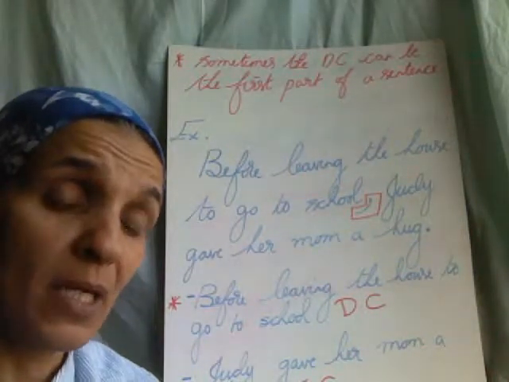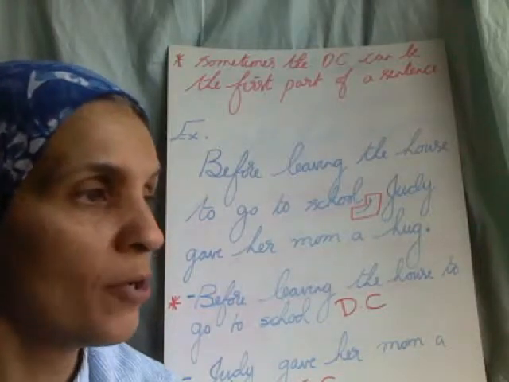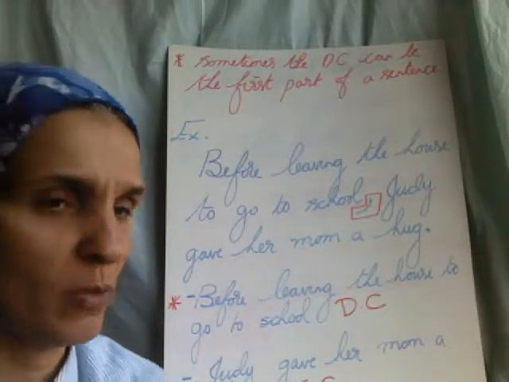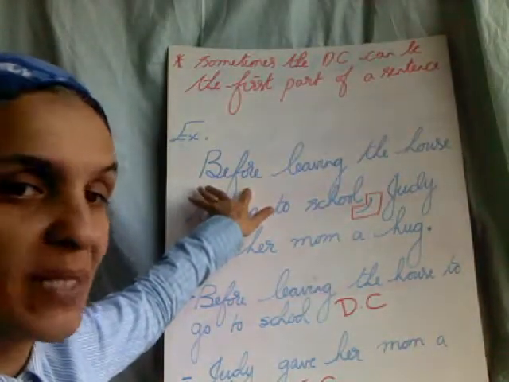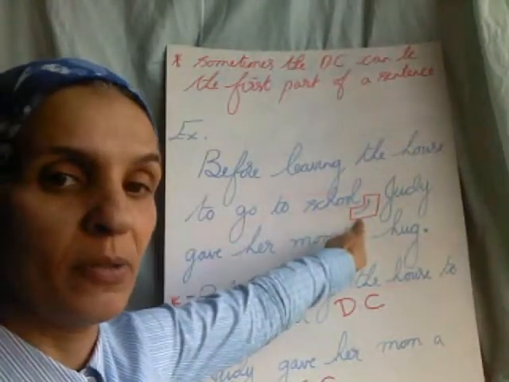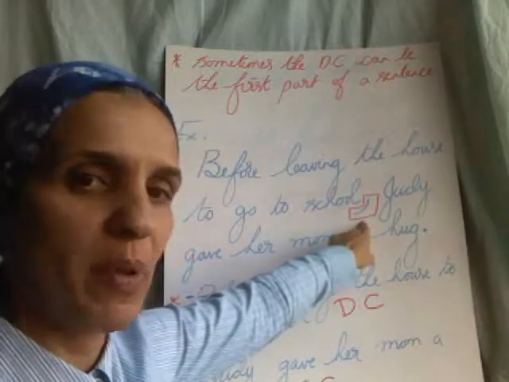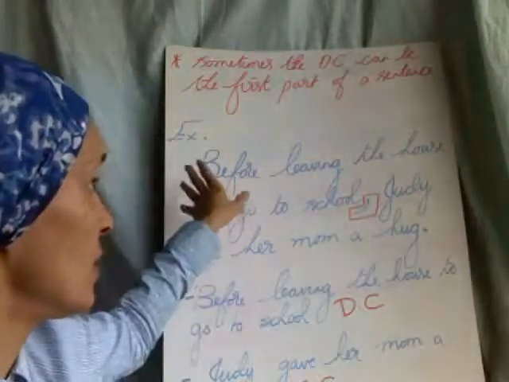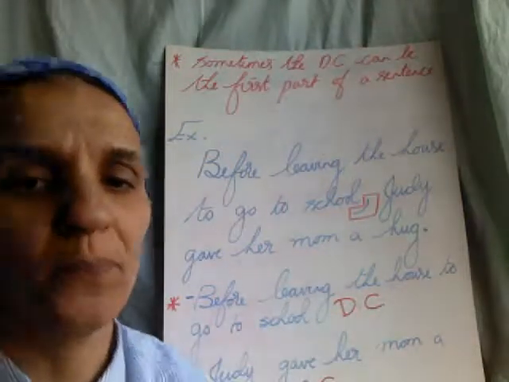Okay, so what are we gonna do? We're gonna look for a comma or a conjunction. Okay, my conjunction is here, before. So this time that's not my clue, that's not my key. The comma is my key here. Once I found it, I circle it, or I just remember its place, and then I start reading the part before leaving the house to go to school.